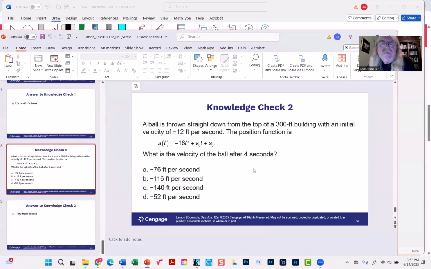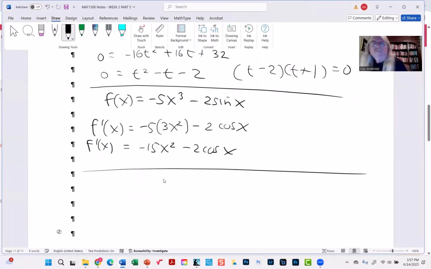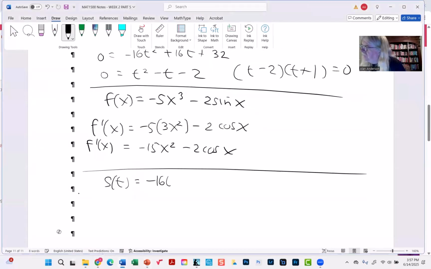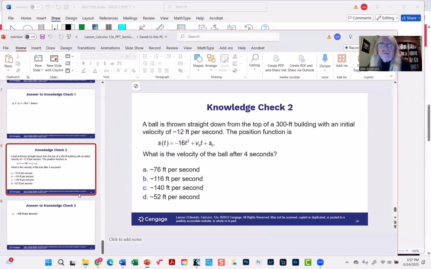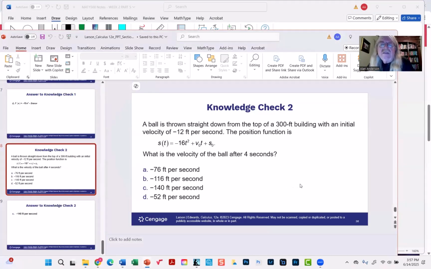Now we've got a physics problem. Okay, so we have S of t equals negative 16t squared plus V0 t plus S0. Remember, the V0 is your initial velocity, the S0 is your initial position. So S0 is 300 and velocity is minus 12.